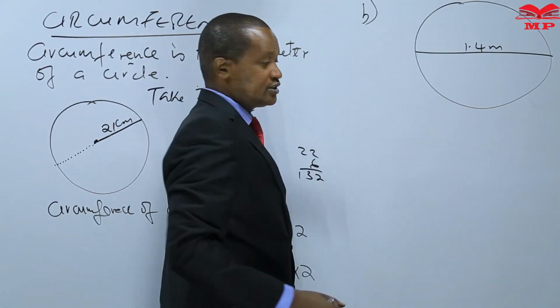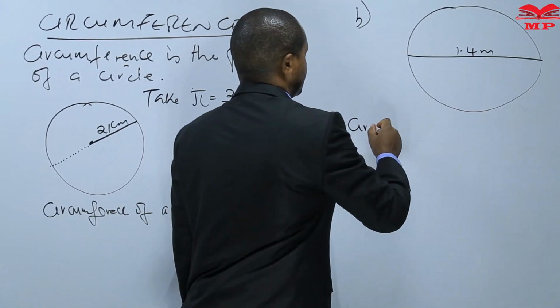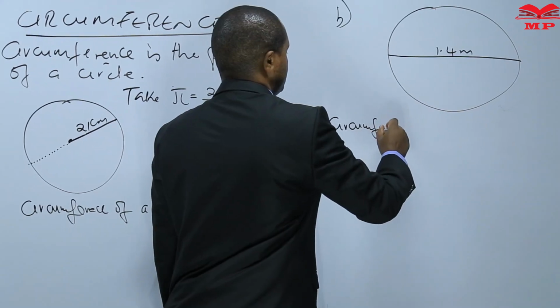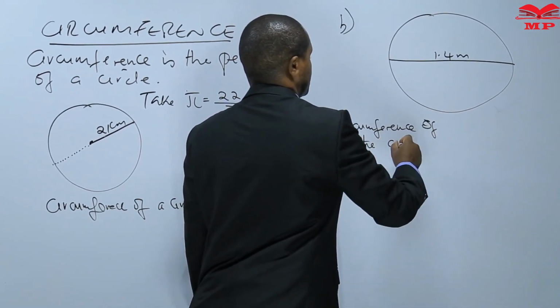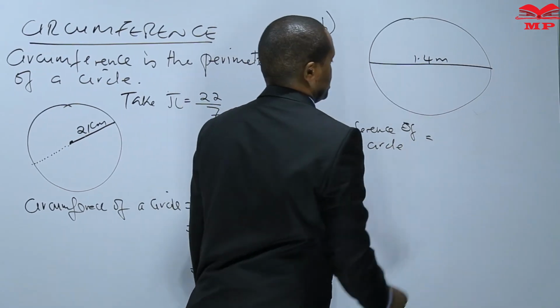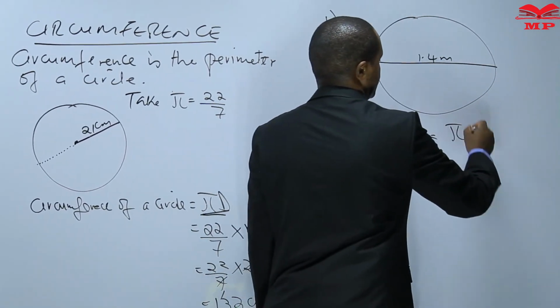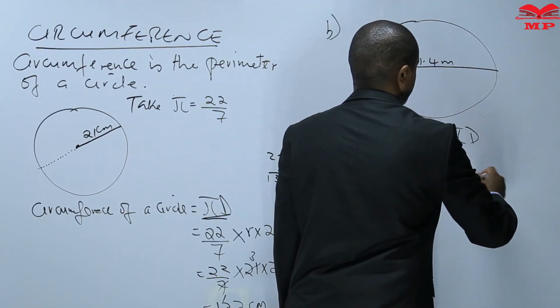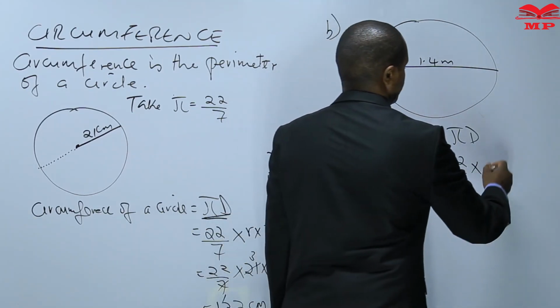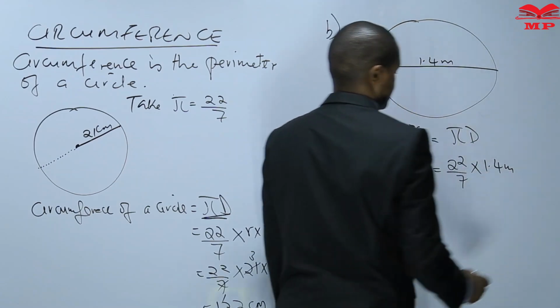What is the circumference? Circumference of the circle is equal to pi d. Pi is 22 over 7 and the diameter is 1.4 meters.